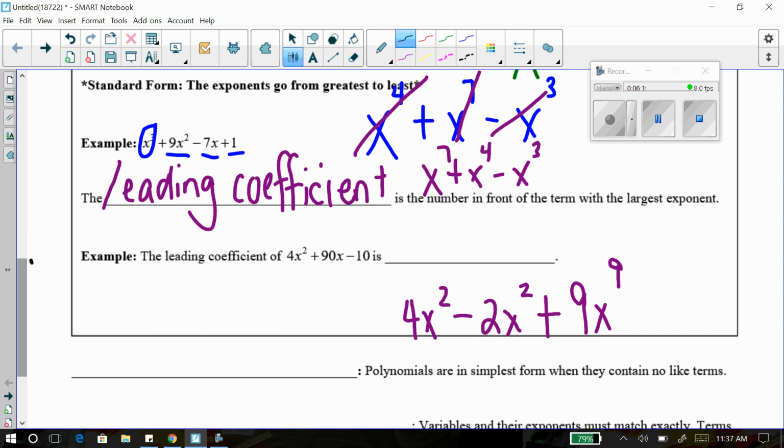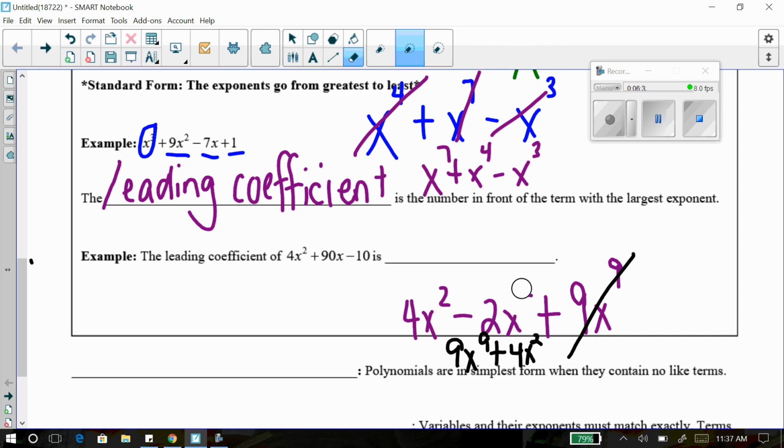So to put this guy in standard form, go 9x to the 9th plus 4x squared. Oh, I just realized they have two x squared terms, so let's just make that an x minus 2x. Now it goes in standard form from biggest exponent down to smallest exponent. So my leading coefficient is 9.